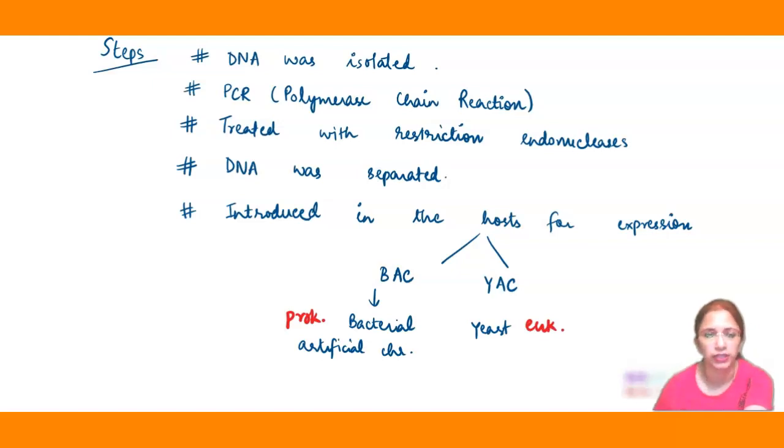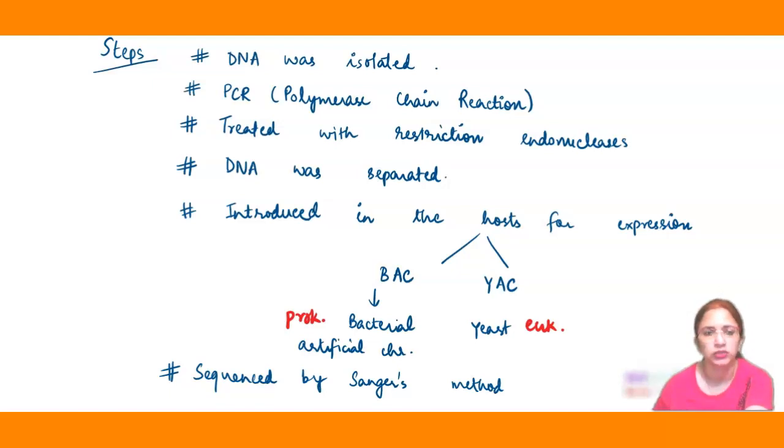Once the gene expression was done in these hosts, then their product was collected and it was sequenced by Sanger's method. After sequencing, overlapping was done to find out what would be the sequence of the nucleotides.